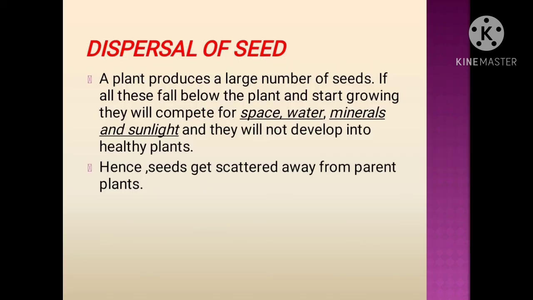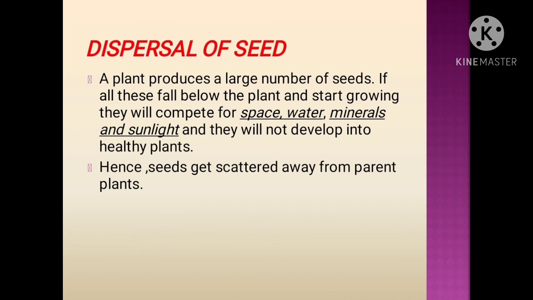A plant produces a large number of seeds. If all of these fall below the plant and start growing, they will not get enough space, water, minerals, and sunlight, and they will not develop into healthy plants. Many of them may even die.